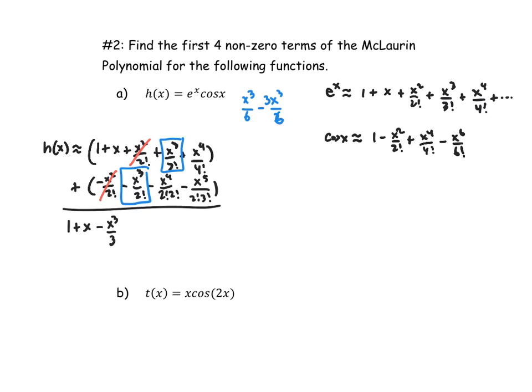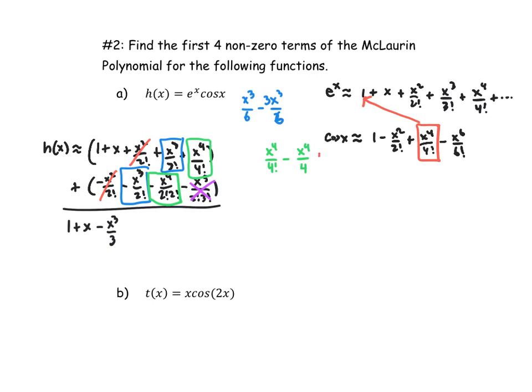So I'm going to have to go out to the 4th degree terms. Okay, and in this case, those are going to be these two terms combined. I won't need that 5th degree term right here. Okay, I'm not going to need this term because the 4th degree term will satisfy 4 non-zero terms. So that'll be x to the 4th over 4 factorial minus x to the 4th over 2 factorial times 2 factorial, which is 4. Now, however, I do have to account for this, and I want you to be aware of this. There would be one more x to the 4th term if I multiplied x to the 4th over 4 factorial times 1.